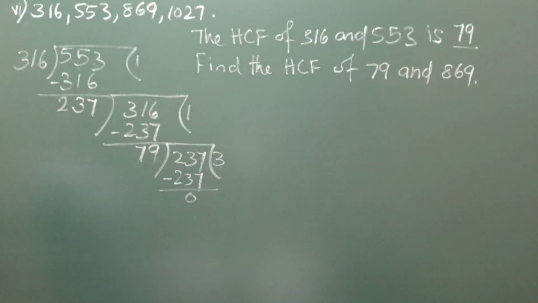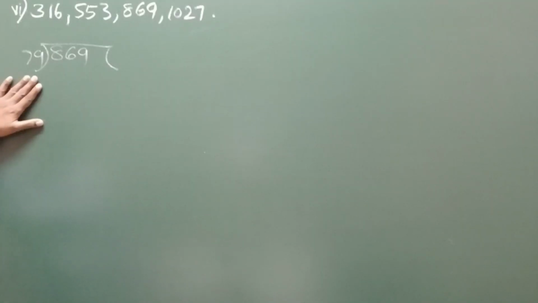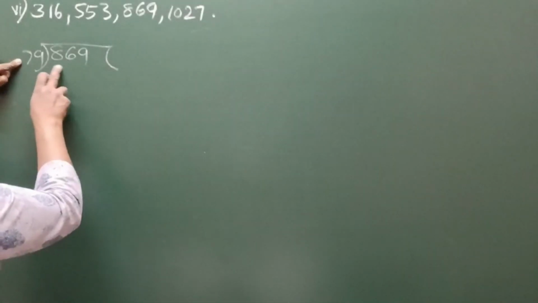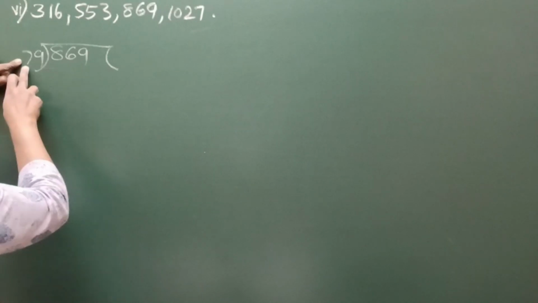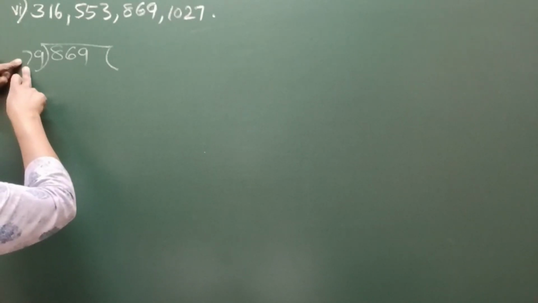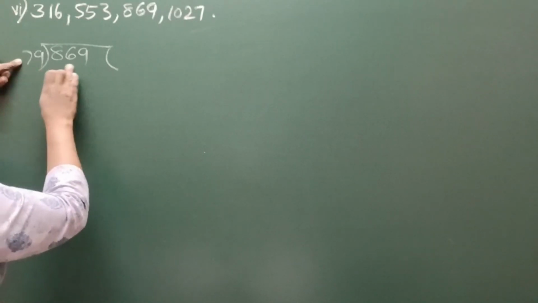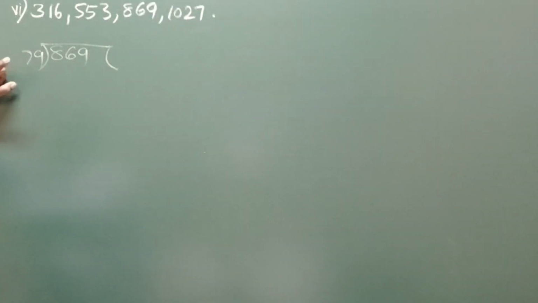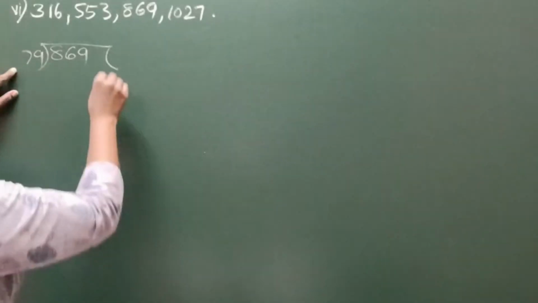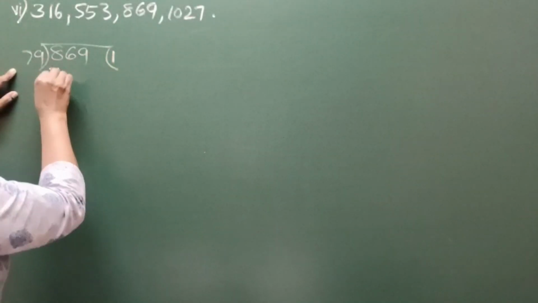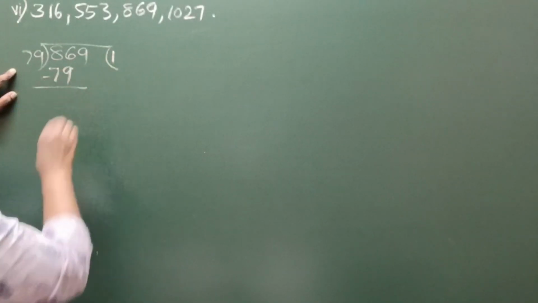So 869 divided by 79. Take 2 digits here and here this 7. 79. Okay. Let's take 7 and here 8. So only one time. 79 direct.